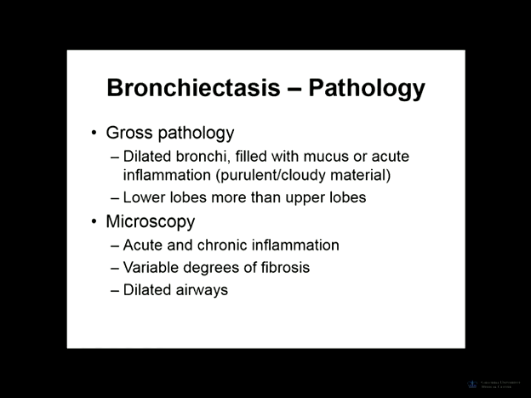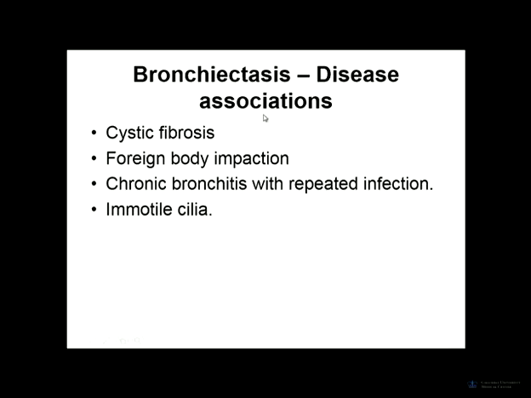It becomes dilated. Diseases that are associated with bronchiectasis, and you can see that they're actually quite different diseases. There's cystic fibrosis, which alters the content of the mucin and of the secretion that's part of the mucus secretion, and therefore will cause a retention of the material in the airway.